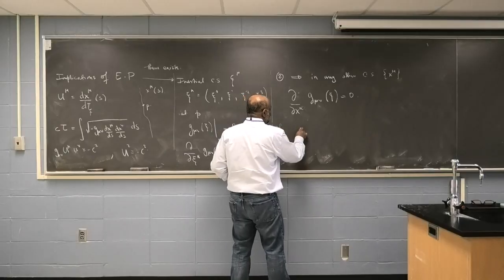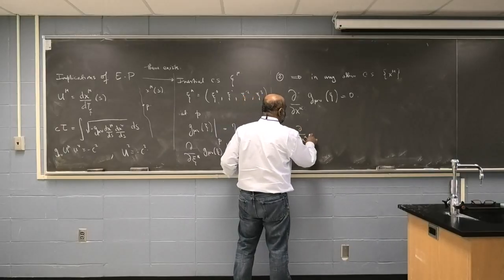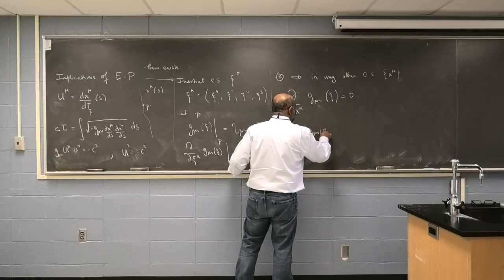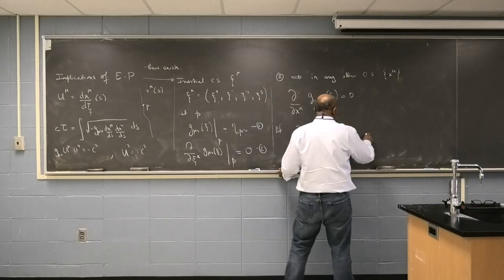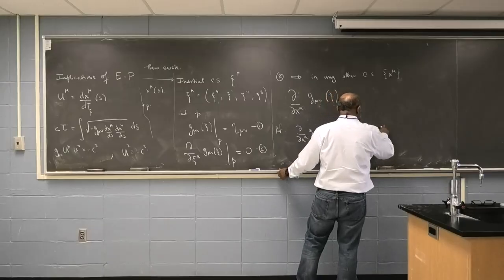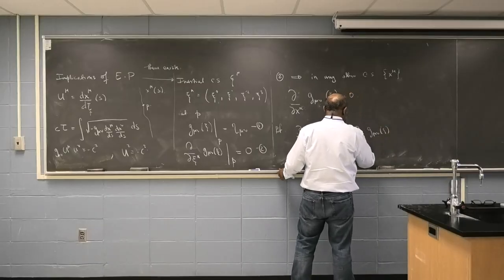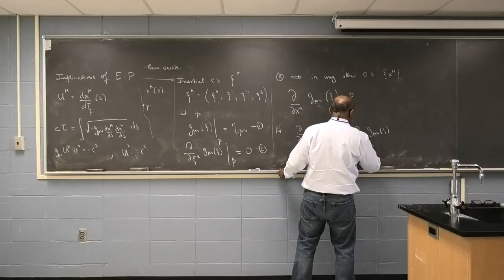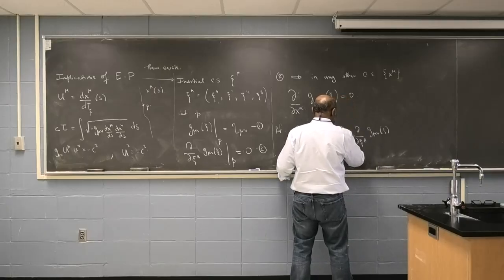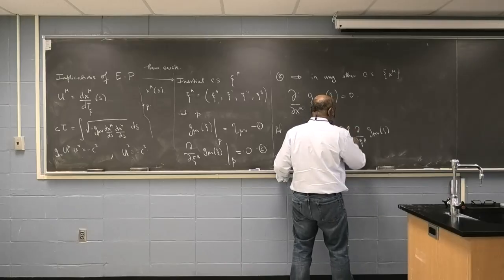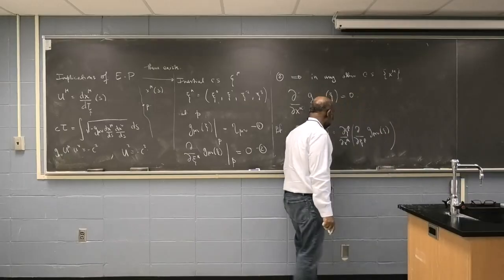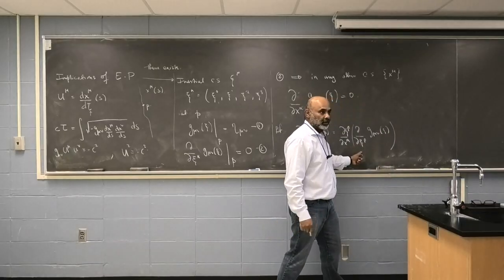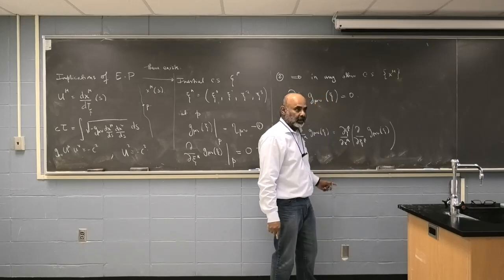Well, that's easy to see. Here's the proof. ∂/∂x^α g_{μν} of ψ is equal to ∂g_{μν}/∂ψ^β times ∂ψ^β/∂x^α. But this guy is 0, right?